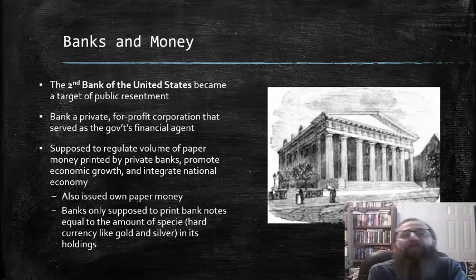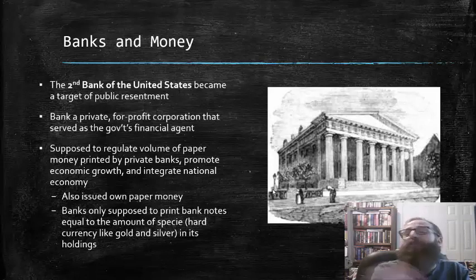The bank was supposed to regulate the volume of paper money printed by private banks. Remember, private banks at the state and local level still printed their own monies at this time. The bank was also supposed to promote economic growth and overall integrate the national economy.